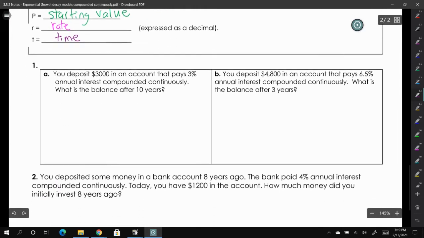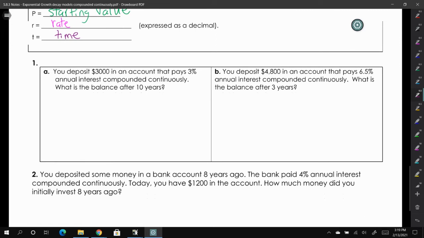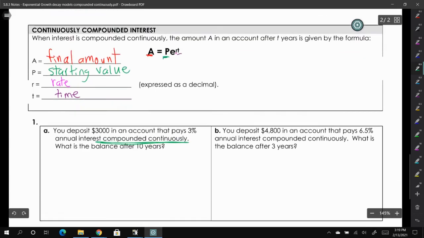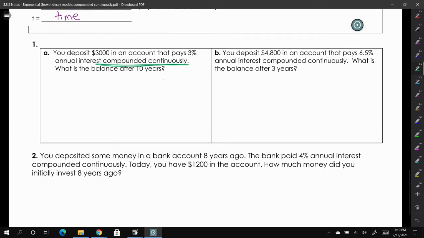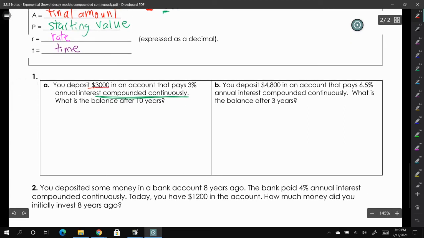So if we look at our examples here, you deposit $3,000 in an account that pays 3% annual interest, compounded continuously. That means you're going to use this PERT formula right here. How much money will you have after 10 years? So our P, our principal, is 3,000.